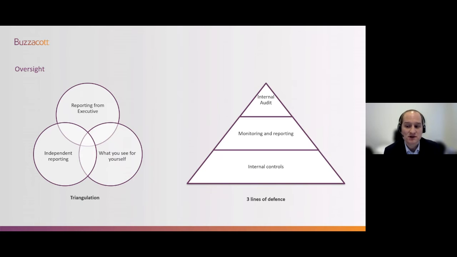But even with that monitoring and reporting internally, sometimes that goes wrong, and it's useful to get that independent view. So often things like internal audit or external audit, other eyes on the Academy Trust, give you an independent view to make sure that those things you're being told are happening within the Academy Trust are happening.